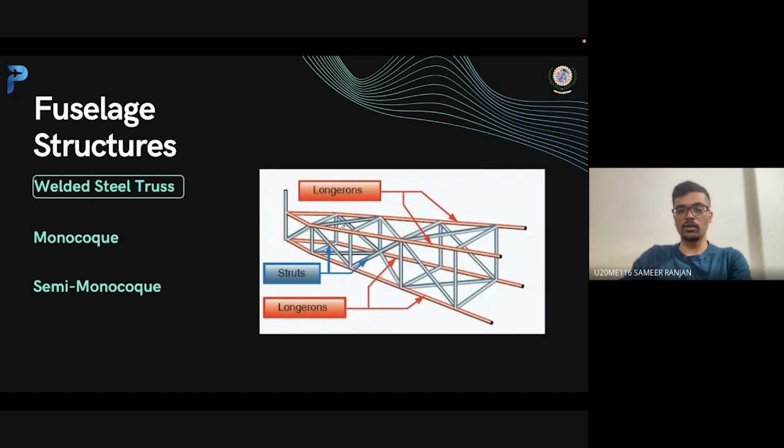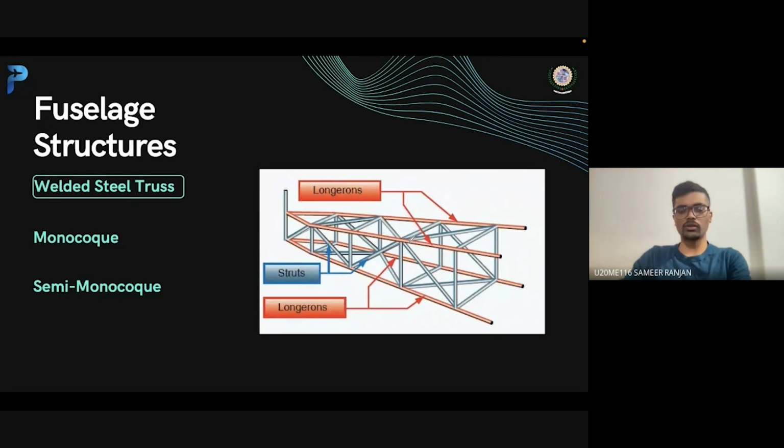In this, they use horizontal steel rods, which are called longerons, and diagonal rods, which are called struts, to make a truss type of structure and to give it structural strength.